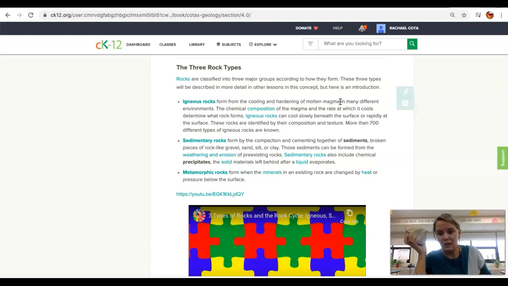So it's not to say that there weren't any fossilized organisms around where igneous rocks are made. It just means that the intense heat and melting destroyed those fossils. However, with sedimentary rock, the sediments break off of all of these other different rocks, and they sometimes travel great distances on wind or water, and they end up compacting and compacting, and they just get cemented together.